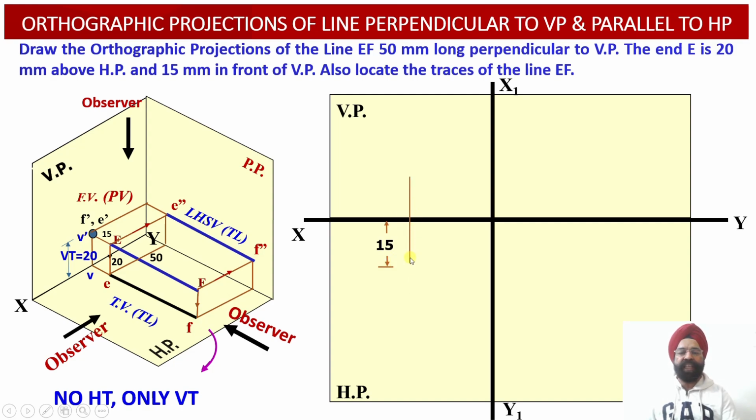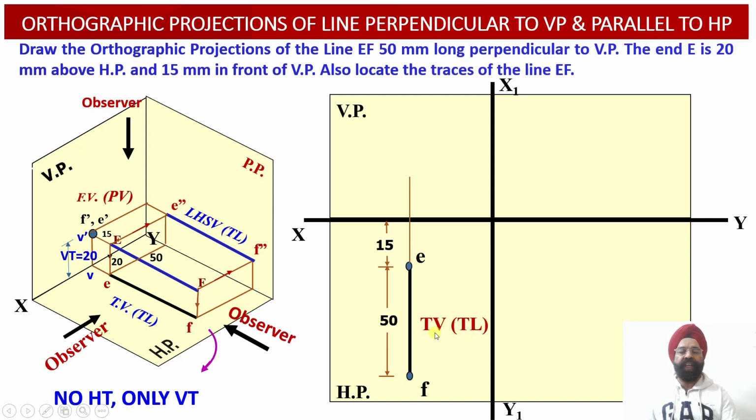Having marked this 15 millimeter distance using a construction line, now we can draw the true length of this line EF, which is equal to 50 millimeter. So this is the true length projection of this line obtained onto the horizontal plane. This projection EF has been drawn in the top view projection, and this represents the true length of the line in the top view.